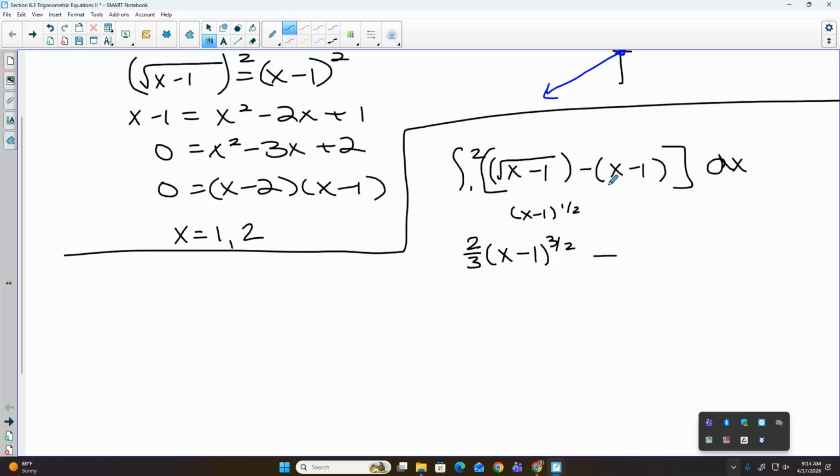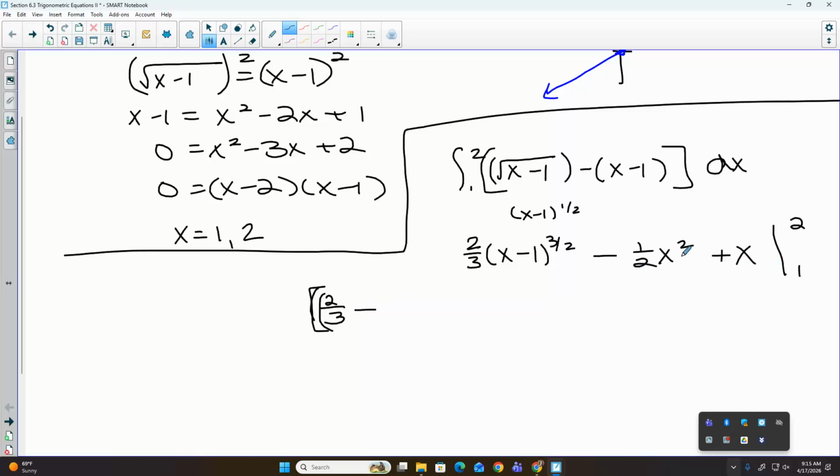Minus antiderivative of x would be 1/2 x squared. If we distribute that negative, it would be plus the antiderivative of 1 is just x. And we're going from 1 to 2. So then if we plug in, if I put in a 2, 2 minus 1 is 1, and 1 to any power is still 1.